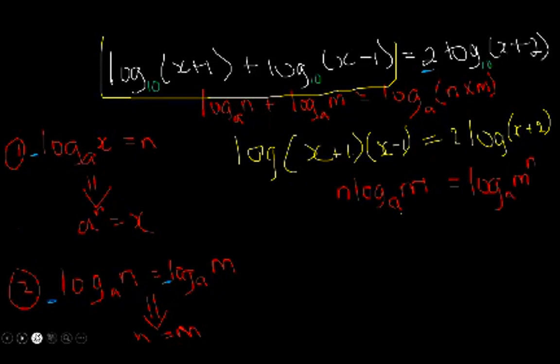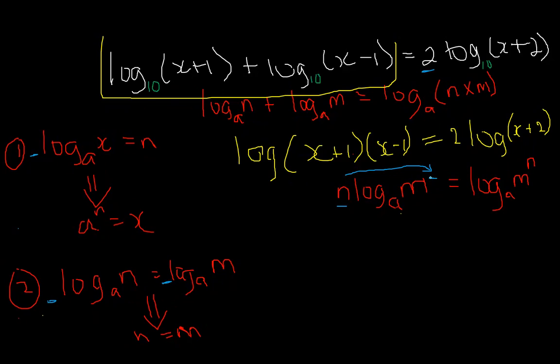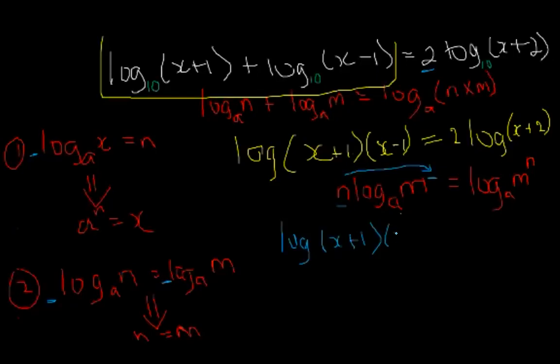So how did they get that equation? All they did, you see this number here, they shifted it across and put it as the power of the number. That's all they did. Okay, now how do we apply this to our question? Well, I already established that this is log of x plus 1 times x minus 1.